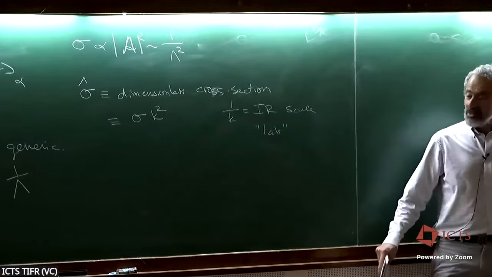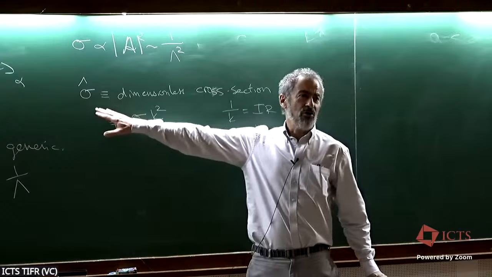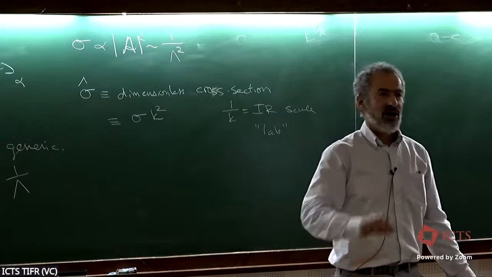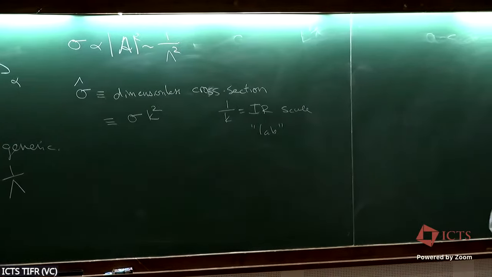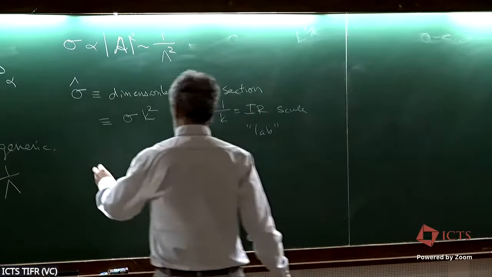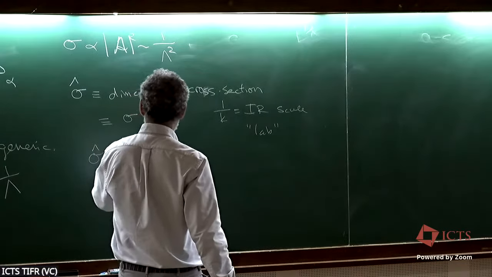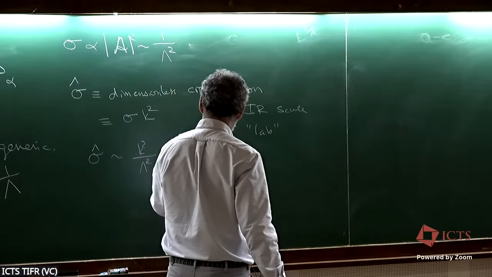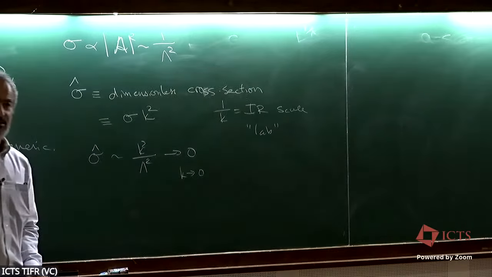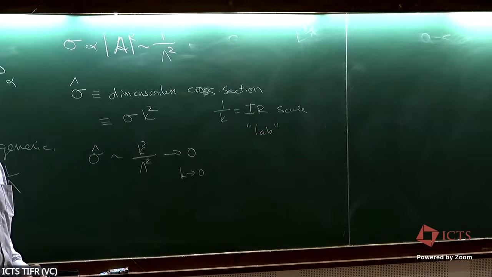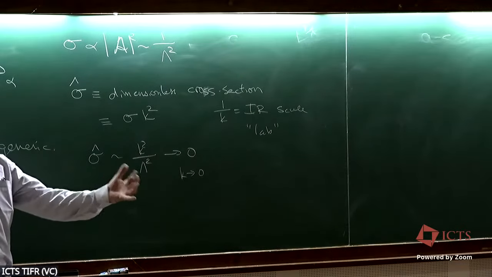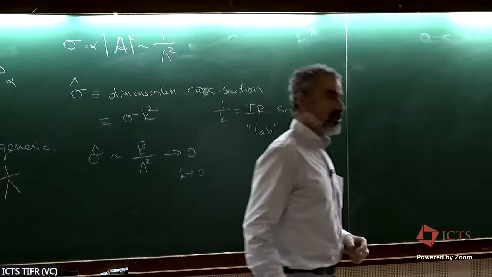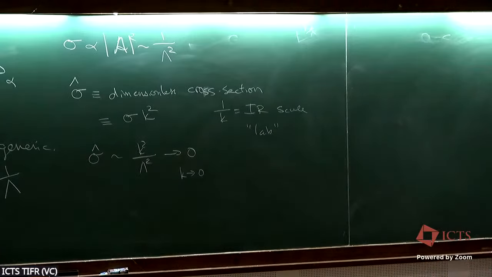And so this is a statement. I want to look at the cross-section in units of the only scale that I've got in tuning in my experiment here. So if we do that, then we find that sigma hat goes like k squared over lambda squared, which goes to 0 as k goes to 0. And so in that sense, this is a weak cross-section, okay? The natural scale in the problem is k, that's the wavelength of my experiment, and as k goes to 0, this dimensionless cross-section, which I can compare to 1 to see if it's big or small, goes to 0.